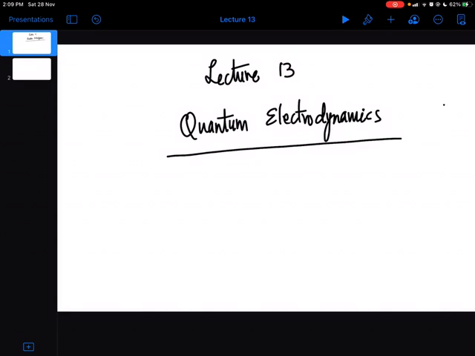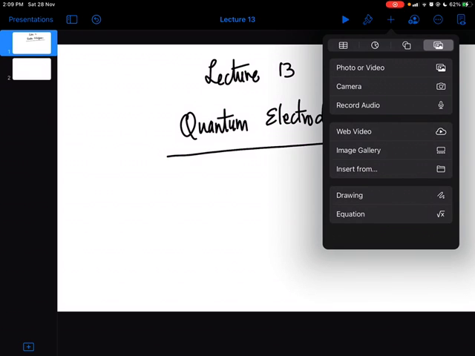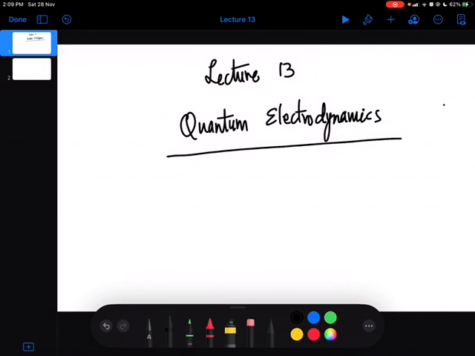Let's start today's lecture. This will be on quantum electrodynamics today. Just to recap, in the previous lecture, I ended up writing what I called the quantum electrodynamics Lagrangian.